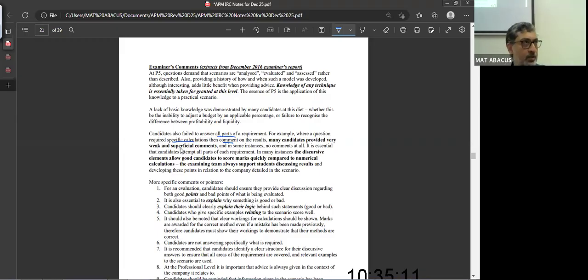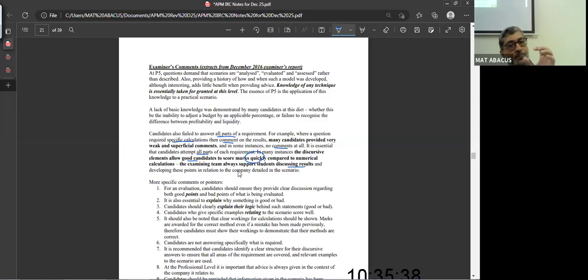So they did the calculations, and then they don't do the comments or no comments at all. It is essential that candidates attempt all parts of each requirement. In many instances, the discursive element allows good candidates to score marks quickly compared to numerical calculations.